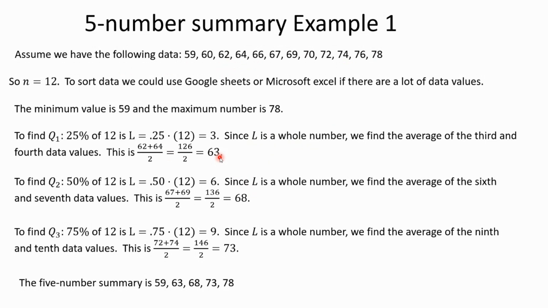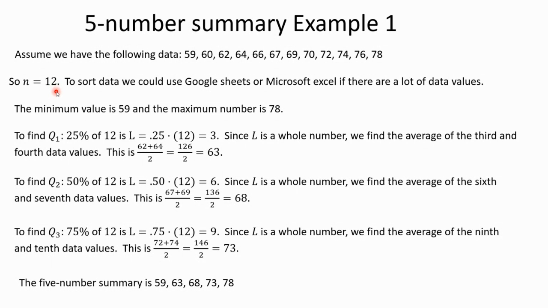For the median, I went through the same process because it will get you the median. 50% of 12 is 6, which is a whole number. So we look at the 6th and 7th data values. In the old process, which is equivalent to this, since there are an even number of data values, we take half and then we take one more.